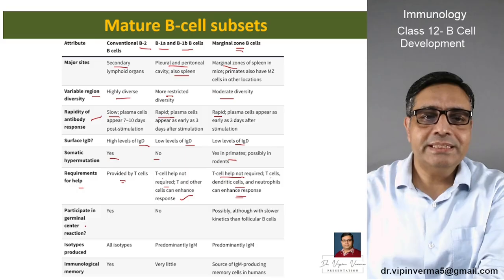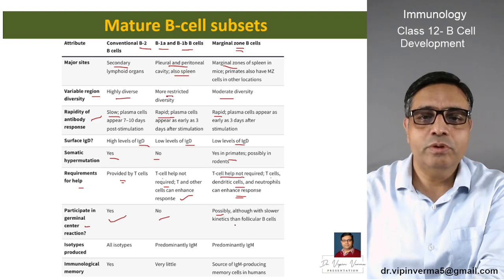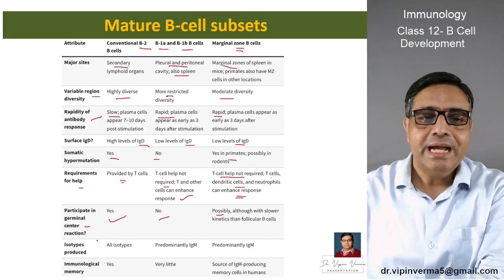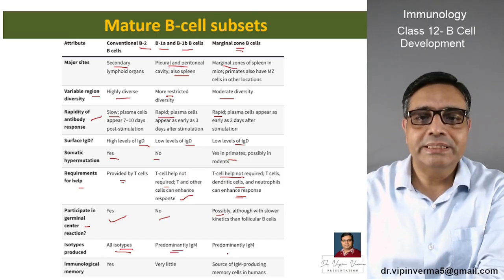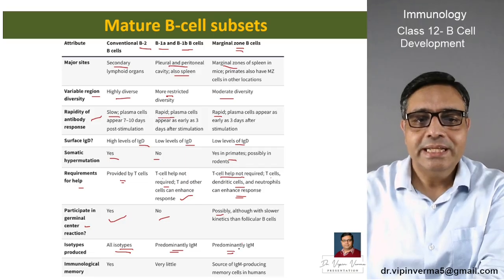They participate in germinal center reaction, definitely yes in conventional B cells, while no in case of B1A and B1B B cells, while it may be possible in case of marginal zone B cells, although with slower kinetics, and follicular B cells. Isotypes produced are all isotypes, all five types, produced by conventional B2 B cells, while in case of B1A and B1B cells, predominantly IgM, and marginal zone B cells are also predominantly IgM.